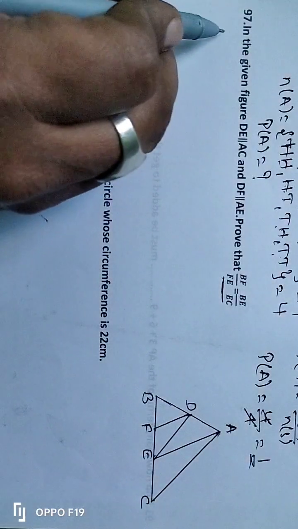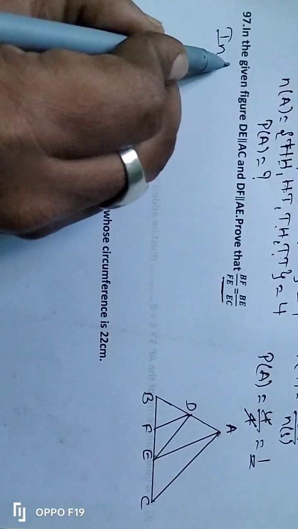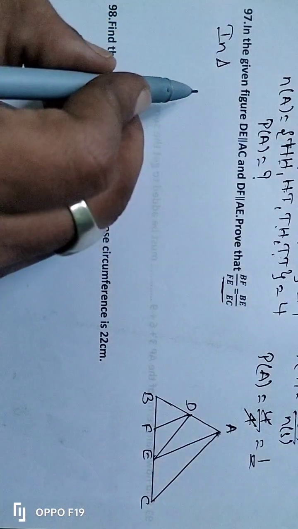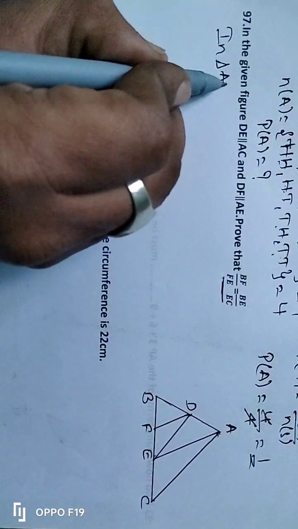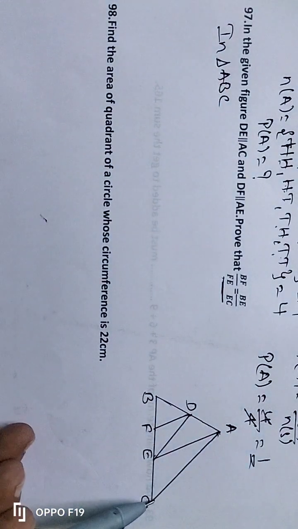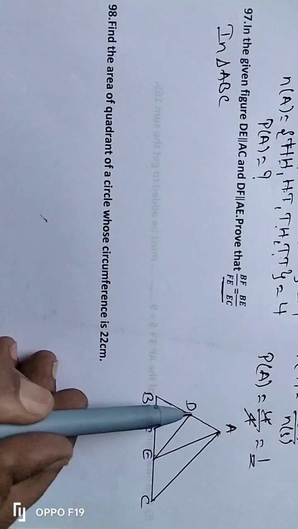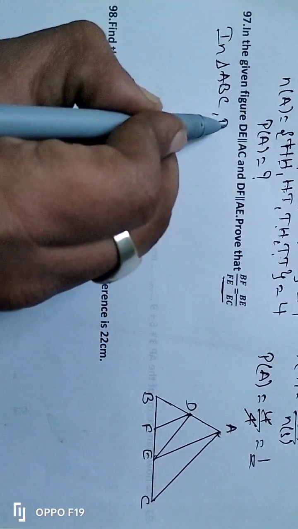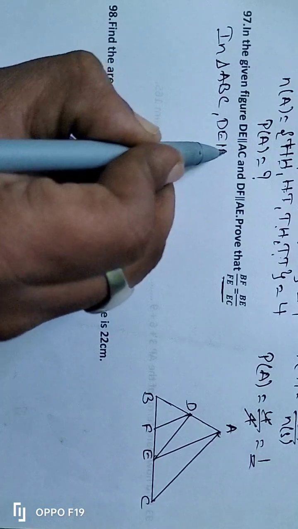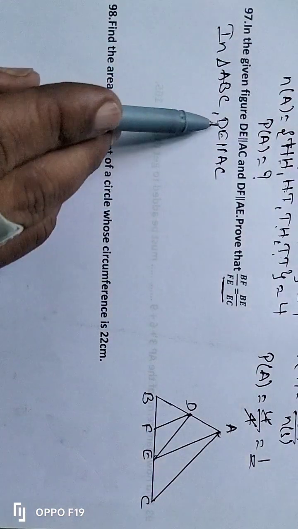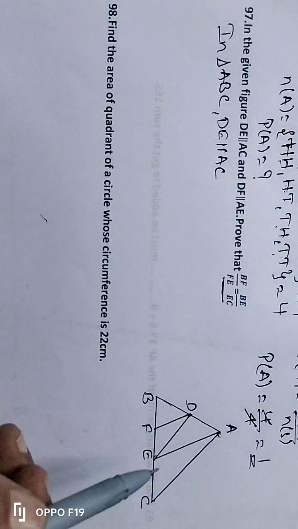Now I will take the first triangle, that is ABC. In triangle ABC, you observe DE is parallel to AC. Now if DE is parallel to AC, you apply the theorem.